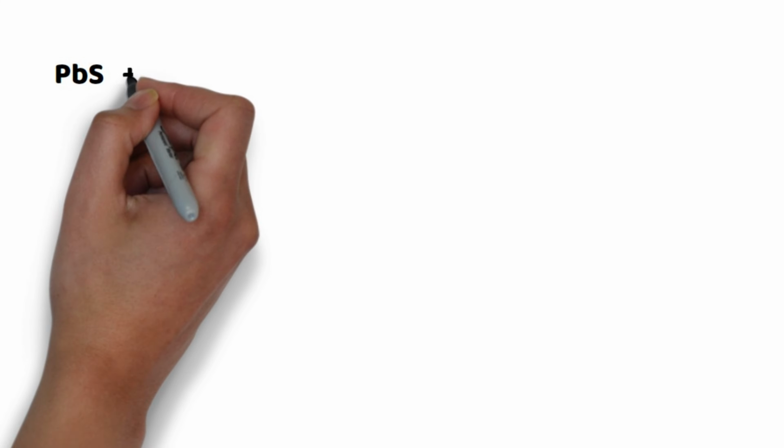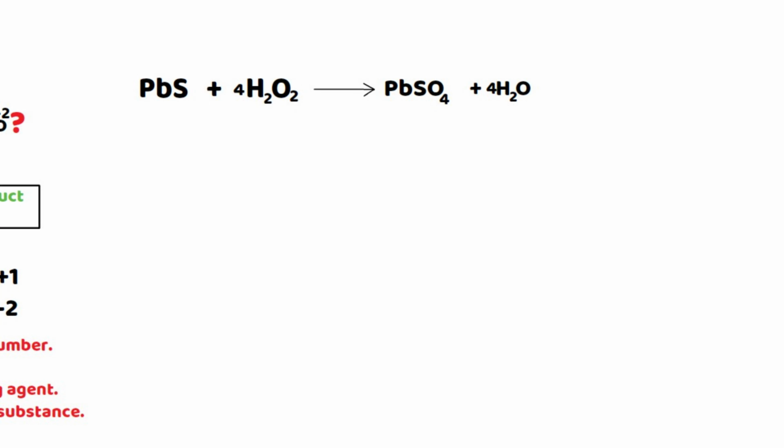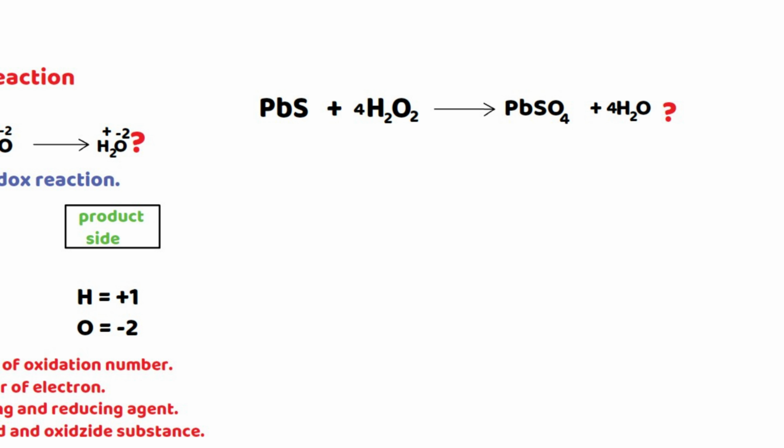Now come to the third example. Lead sulfide reacts with hydrogen peroxide to form lead sulfate plus water. Now the question is: is this chemical reaction a redox reaction or non-redox reaction?